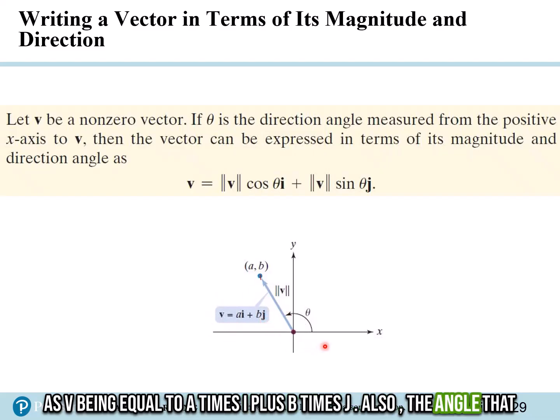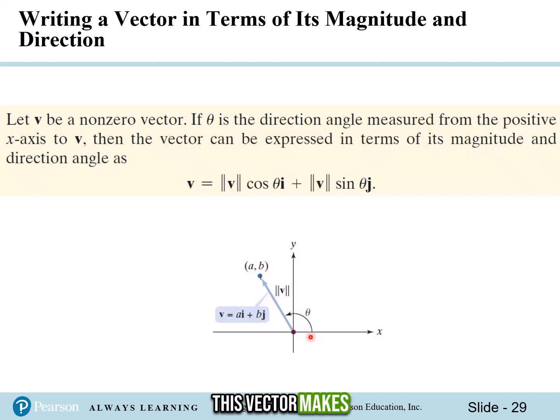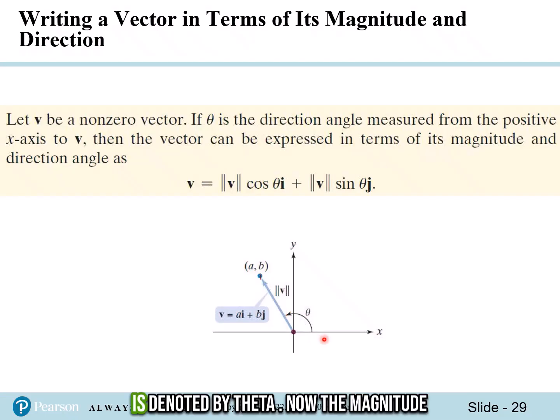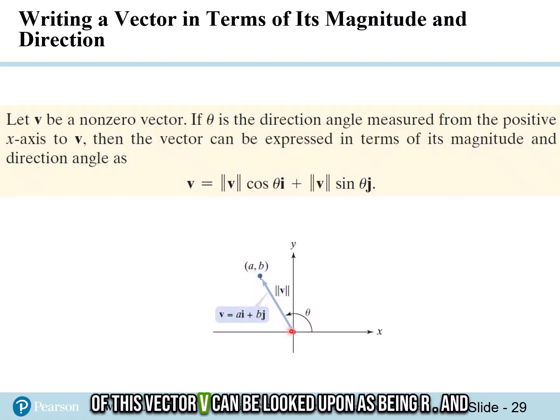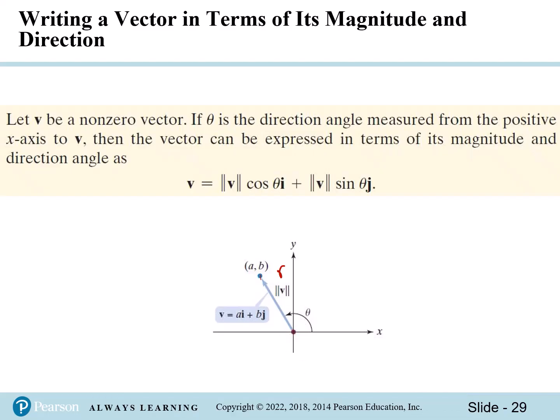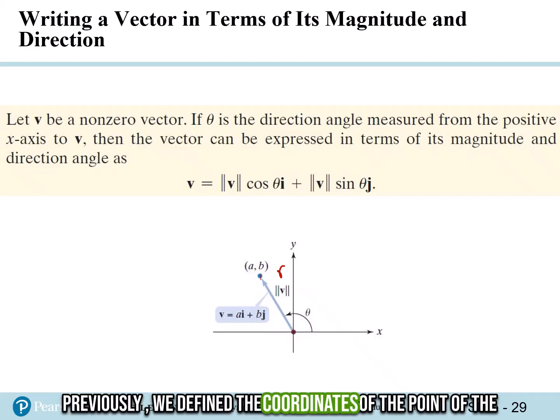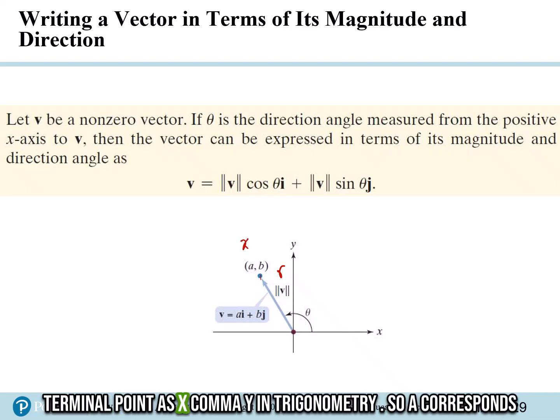Also, the angle that this vector makes with respect to the positive x-axis is denoted by theta. The magnitude of this vector v can be looked upon as being r. And previously we defined the coordinates of the terminal point as x, y in trigonometry.